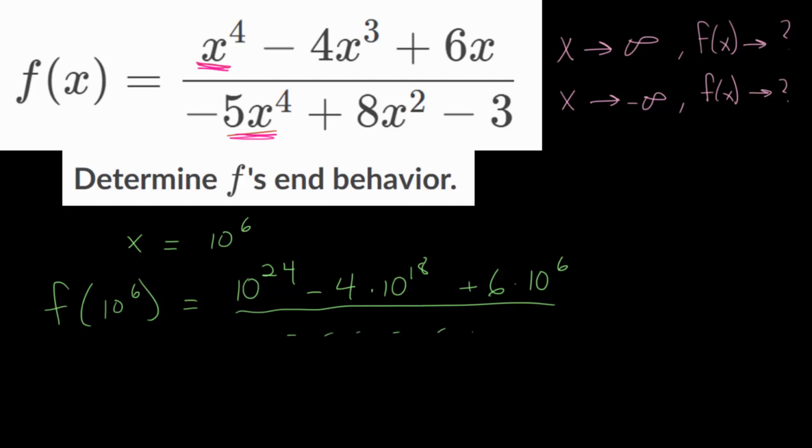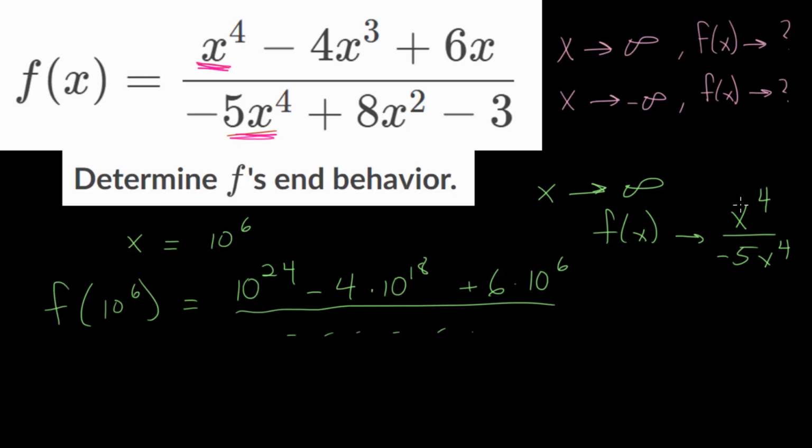So in essence, as x approaches infinity, this function will start to approach just the ratio of these highest power terms, the x to the 4th term divided by minus 5x to the 4th. And everything else will not really contribute as x gets bigger and bigger.